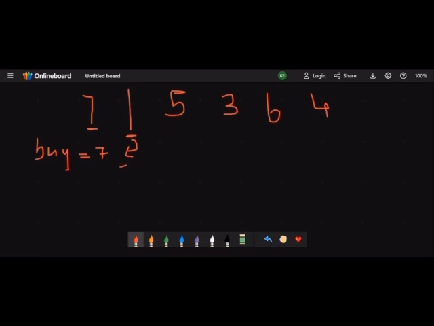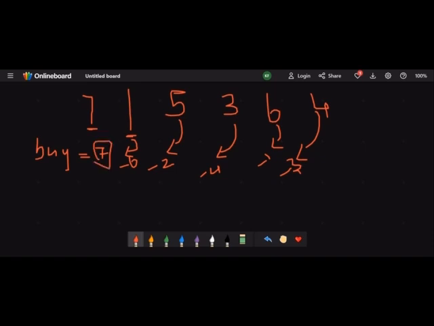Here I am getting only a loss, and here also I am not getting a profit, and here also not, because if I buy it for 7 and sell it for these amounts on the next days, then I will never get any profit. Now let's buy this product for 1 rupee.